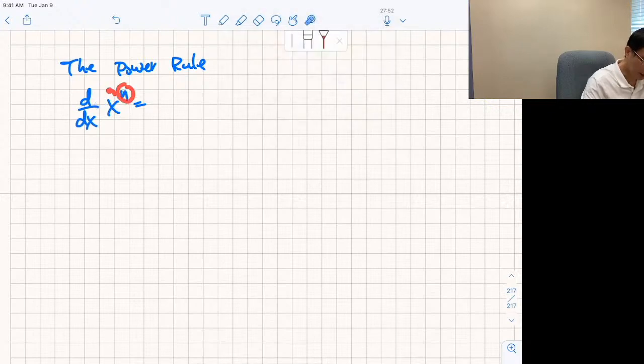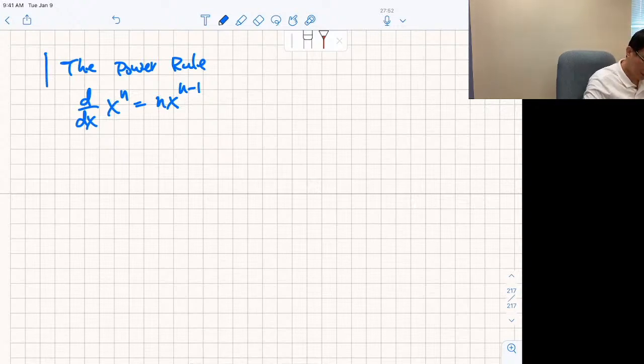So it's going to be n x, and this n is going to subtract 1, so it'll be n minus 1.